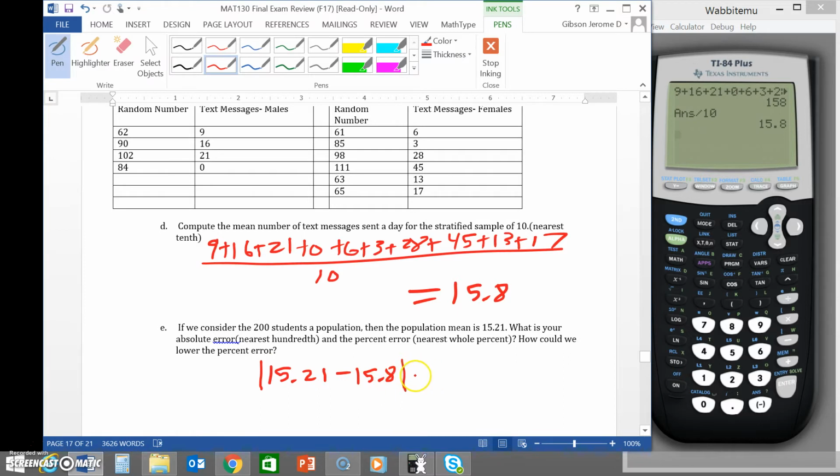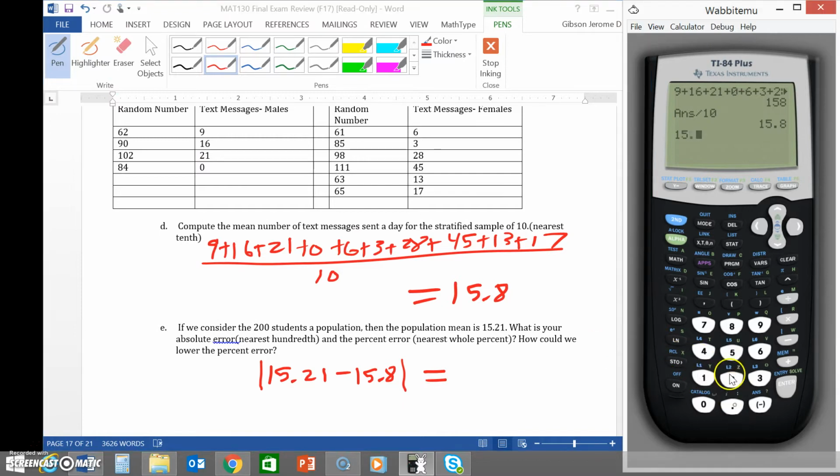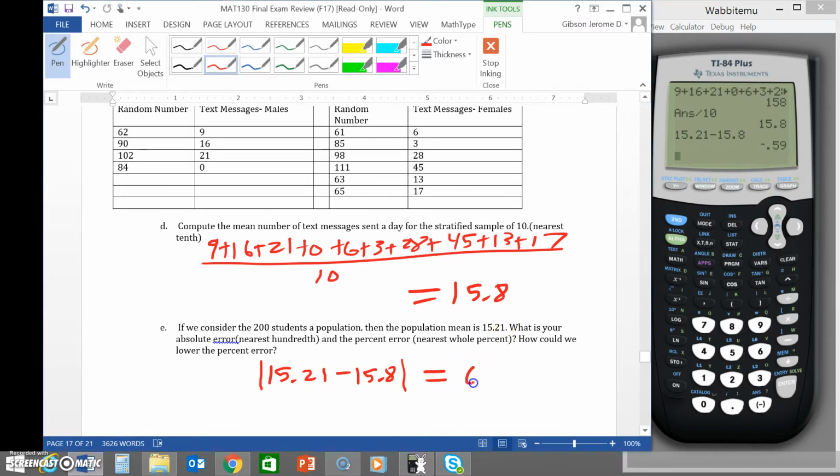Actually, it will be exactly, because we're subtracting these numbers. 15.21 minus 15.8 gives us a negative 0.59, but since it's an absolute value, it will give us a positive 0.59, which is 59%. So that is your margin of error.